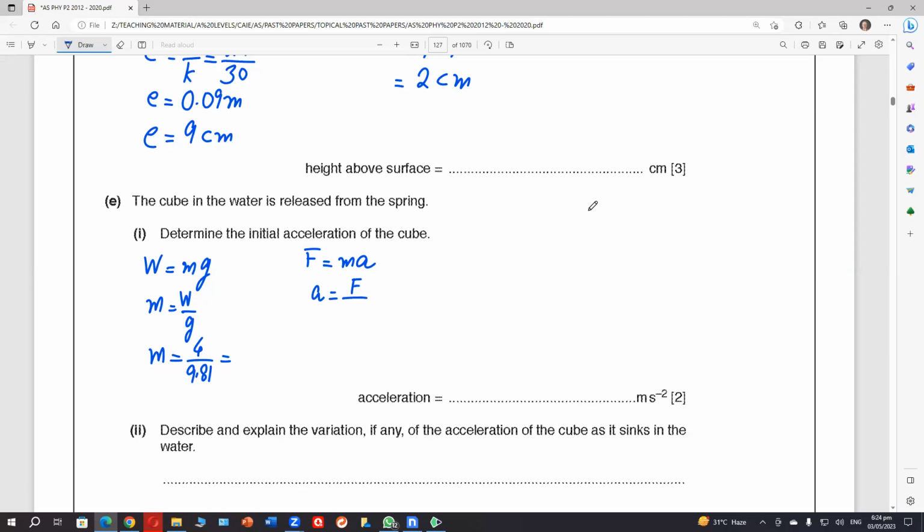Mass is coming as 0.417. Now, acceleration is equal to force upon mass. F means resultant force.